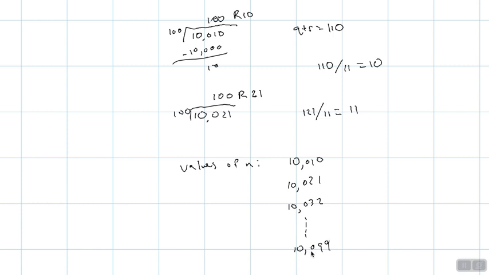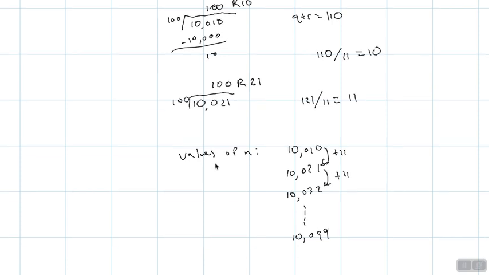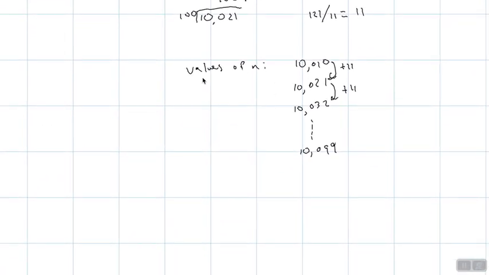Then the question is, what happens when the value of q changes? So we're always going up by 11 here. What happens when the value of q changes is this quotient is going to be 101. So what happens when we're dealing with the first value of n where the quotient is 101?